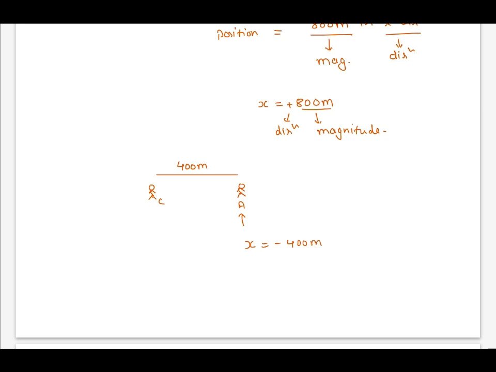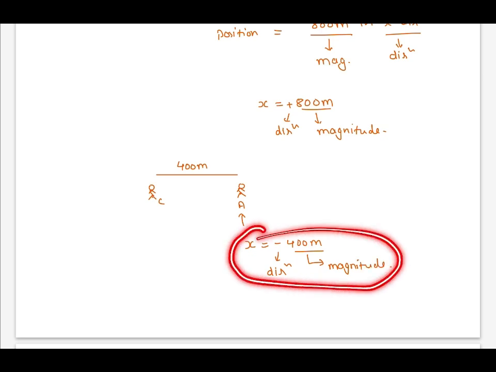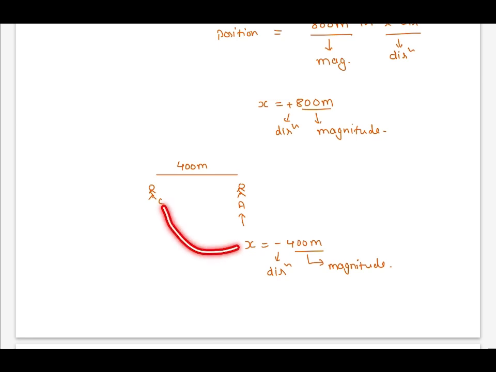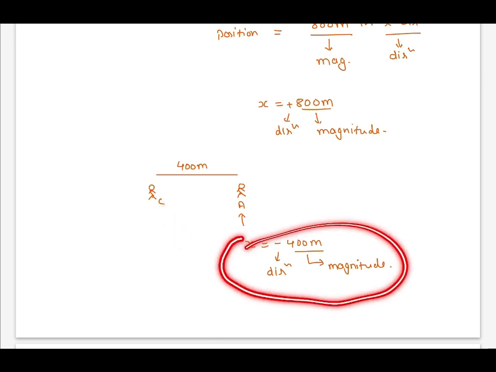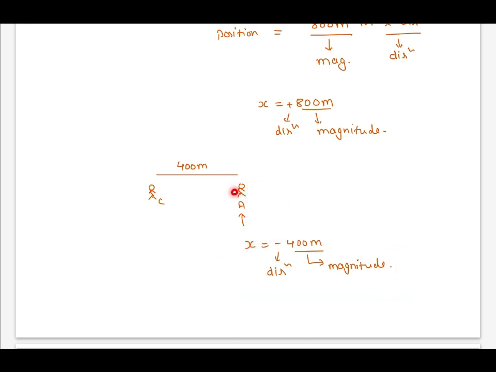So minus is nothing but direction and 400 meters is magnitude, right? So now again, this is a vector quantity and this is position of C. When you give this information to A, then A will move towards the minus direction. How much distance? 400 meters to meet his friend C.